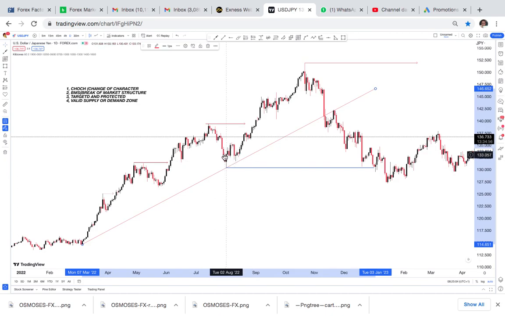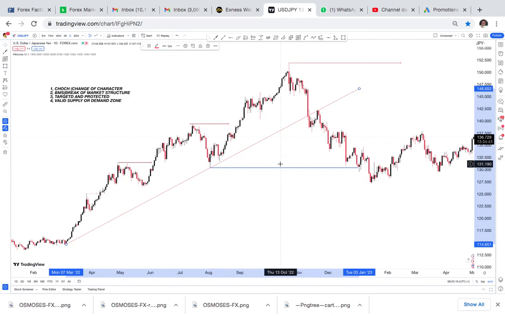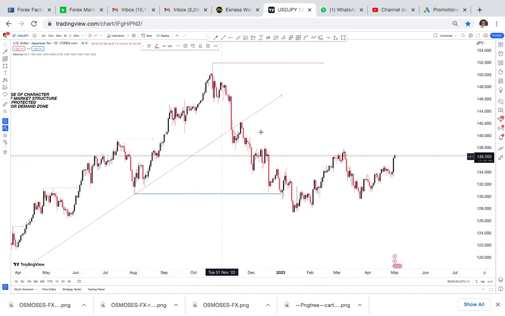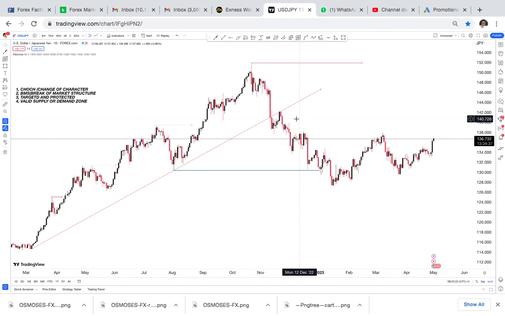But until this gets taken out, we don't realize that things have changed direction from bullish to bearish. So we'll be looking for sell opportunities.